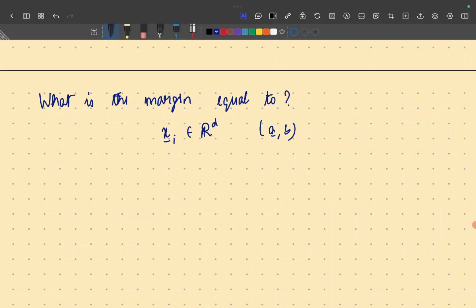We want to find the distance from xi to the hyperplane defined by (a, b). So the margin is equal to the distance from x to xi, or let me compute the square of the margin because it will be easier to find.